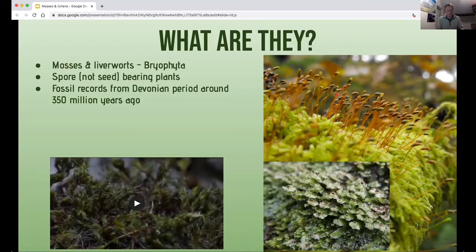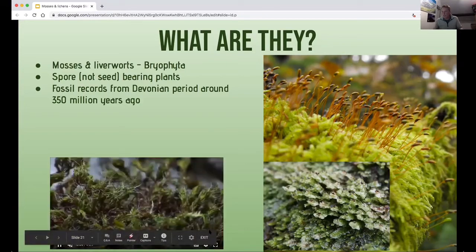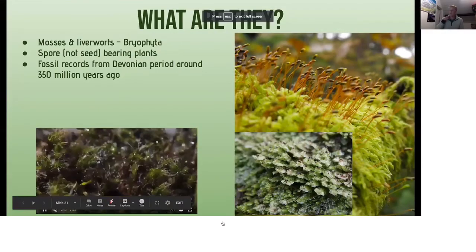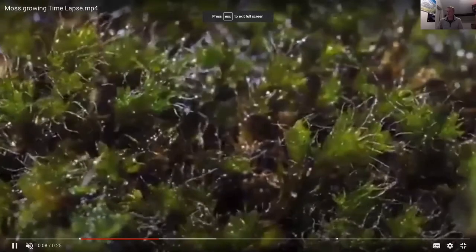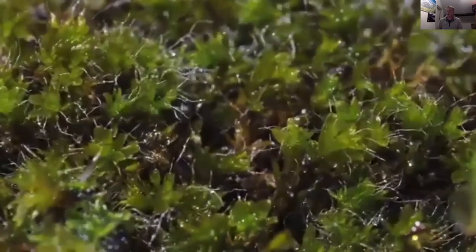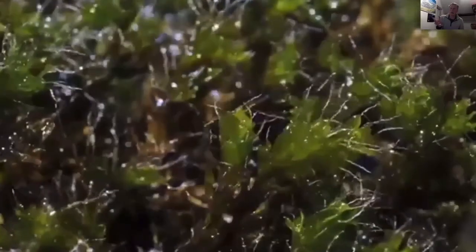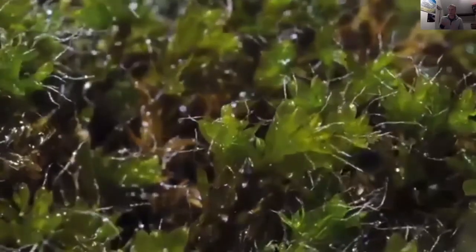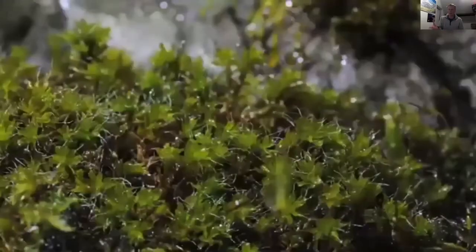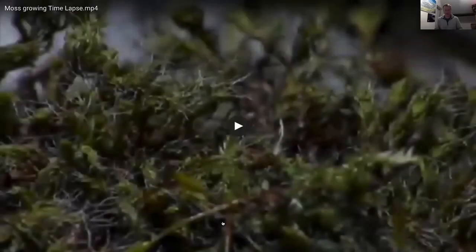A quick video, 20-second video, just to illustrate what happens when you soak one of these mosses. Every cell has the ability to take up water, so they don't transport water, but every cell can take up water, but every cell can also lose water as well.